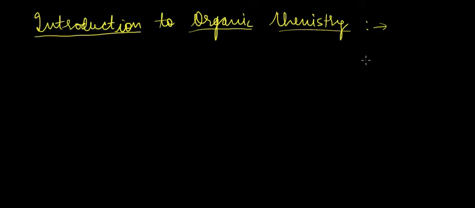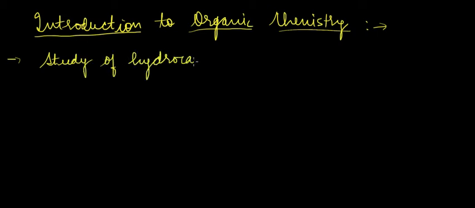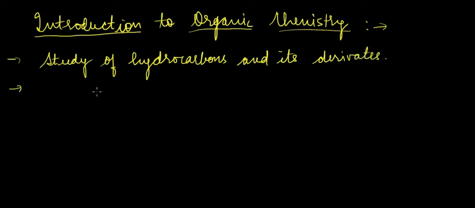So that's the definition of organic chemistry, plain and simple. Okay, and the first organic compound prepared in the laboratory was urea.